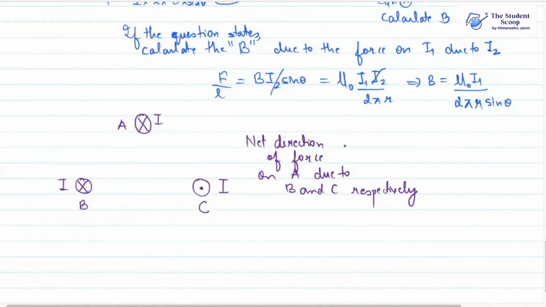So could you repeat the question? Yeah, the question is written as well over here. We want to find the net direction of force on A due to B and C respectively.